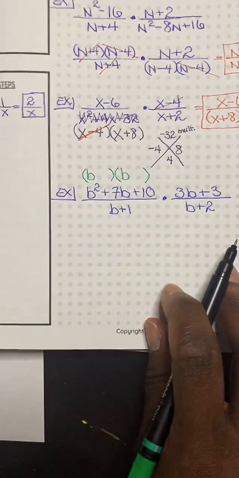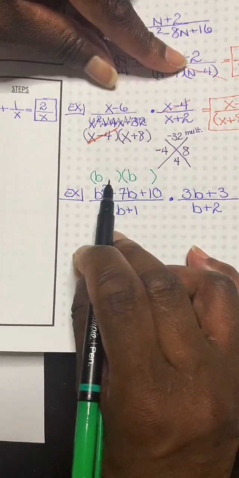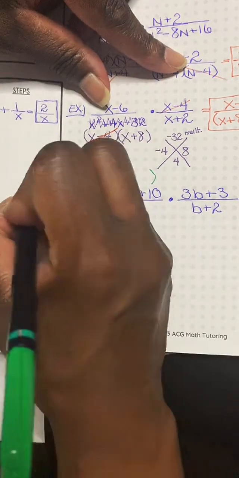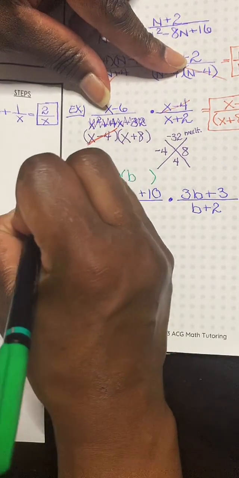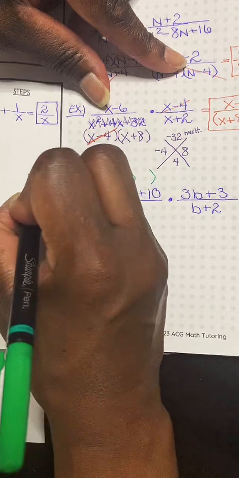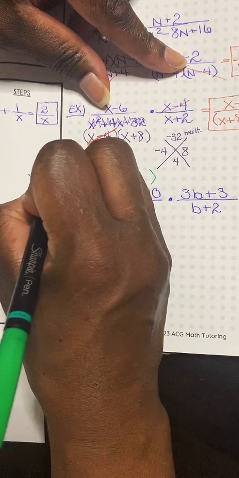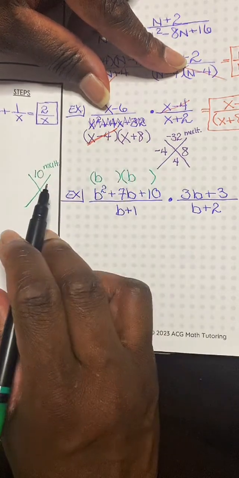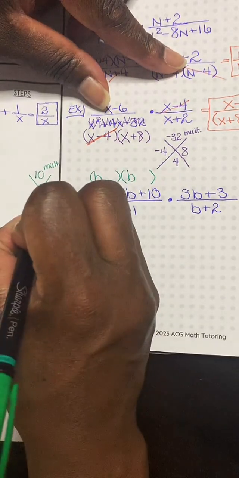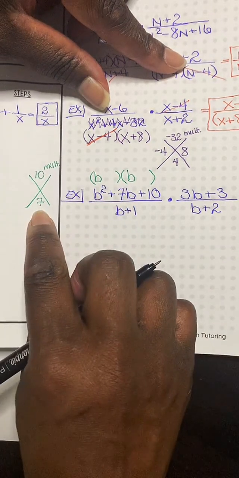So as a couple of you mentioned, we want to figure out what should go into these spaces. The best way to do that is to take your constant, which is 10, and think what two numbers multiply to give me 10 and add to give me this middle term of 7.